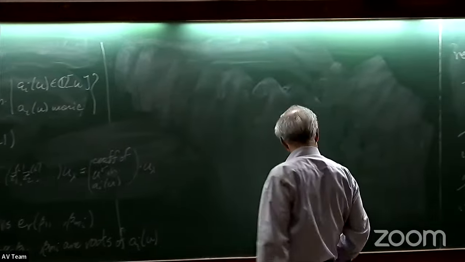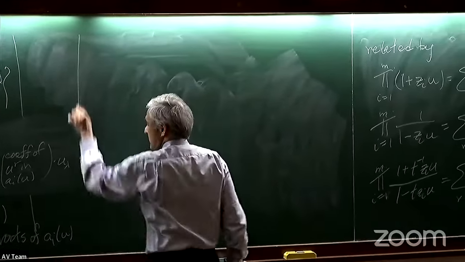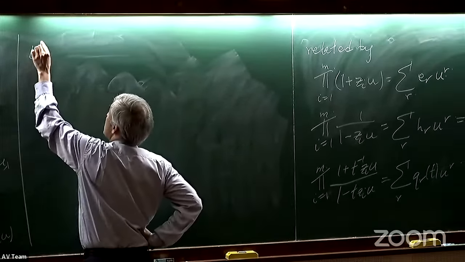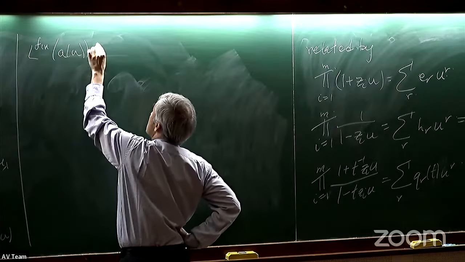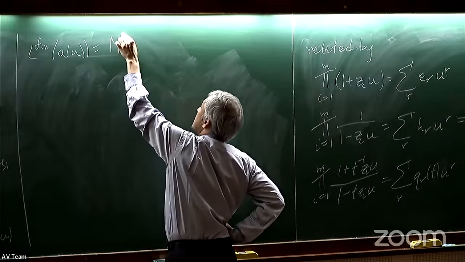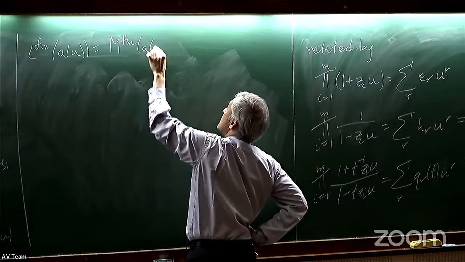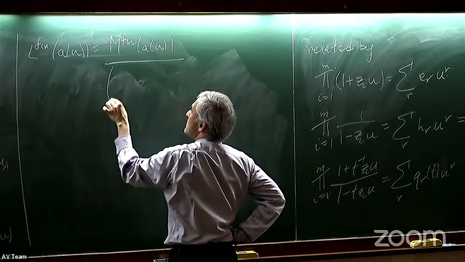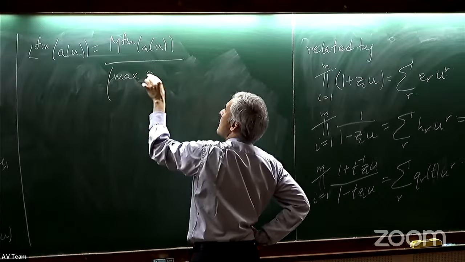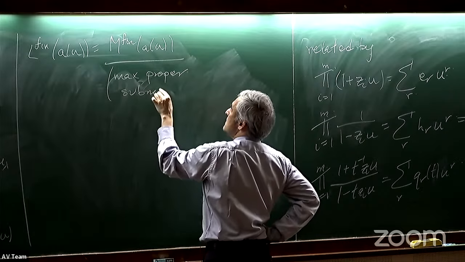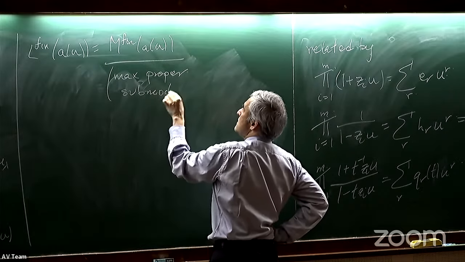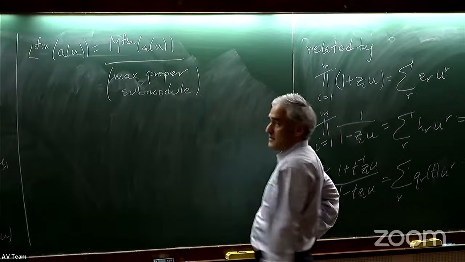All right. So now the L finite of A(u) is this M finite of A(u) modulo a maximal proper submodule.